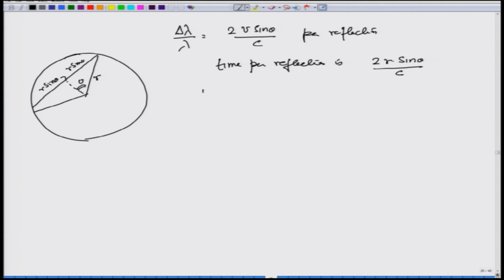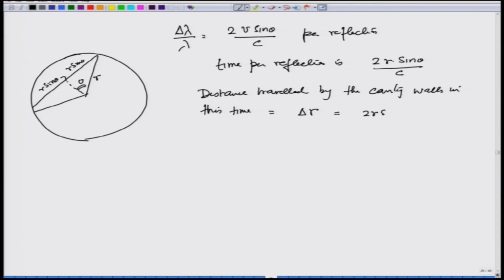So, the distance travelled by the cavity walls in this time is going to be equal to delta r, which is equal to 2 r sin theta over c times v, which I can write as 2 v sin theta over c times r.